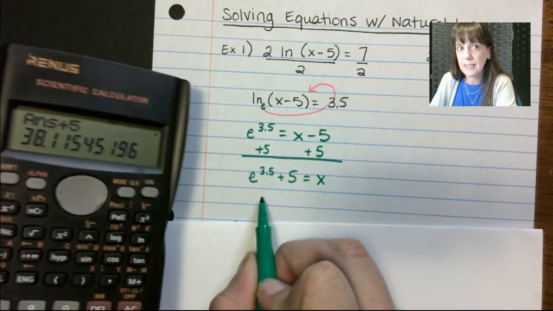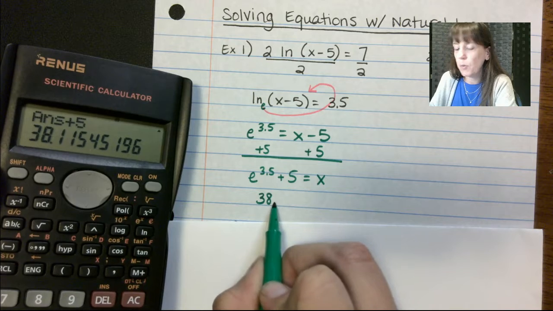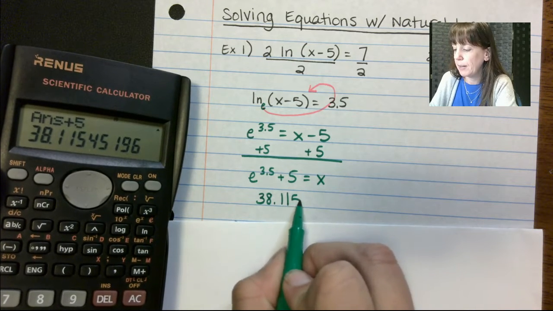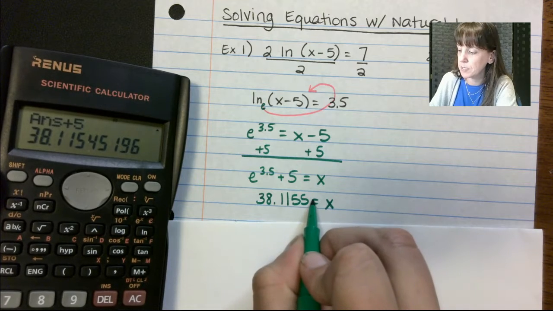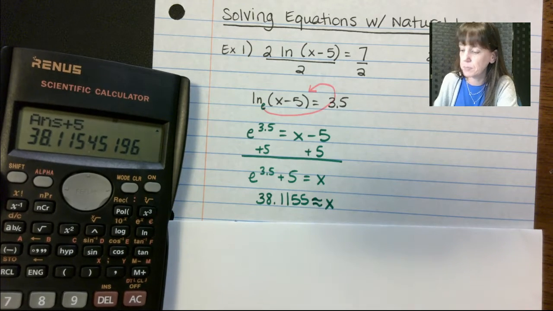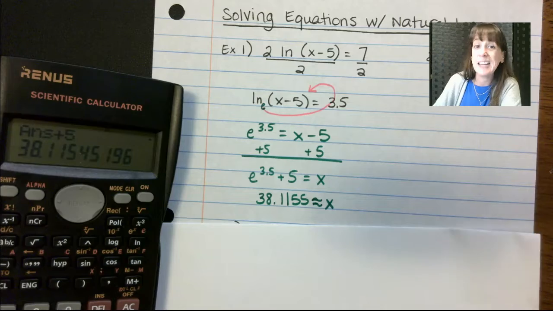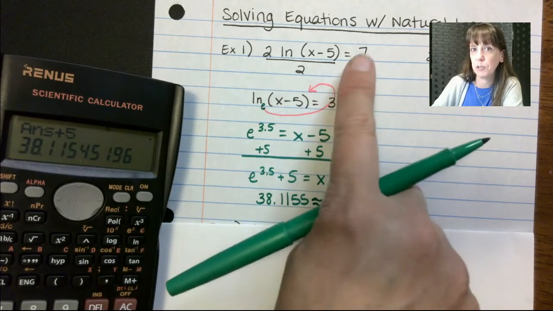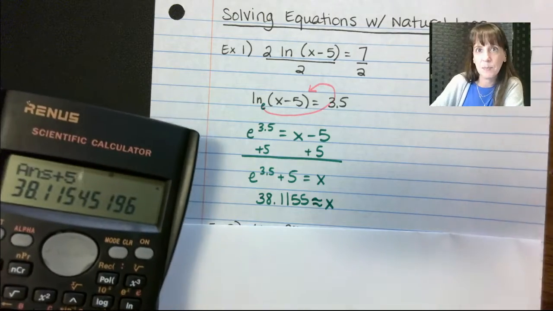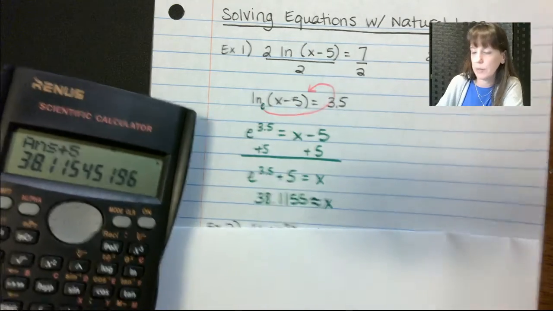What I get is 38.1155. If it doesn't specify, I like to go about 4 decimal places. I also use a little approximately symbol to say that I'm estimating this. That way, if I plug this number back in up here, you'll see that we get real close to 7. It won't be exact because we have our rounding.